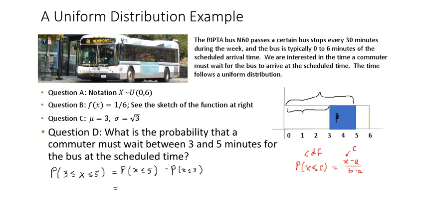So in our case, the probability is going to be 5 minus 0 over 6 minus 0. And the probability that we're less than 3 is going to be 3 minus 0 over 6 minus 0. Subtracting that gives us 2 out of 6, which reduces to 1/3. So we're saying that there's a probability of 1 out of 3, or 1 out of 3 commuters will have to wait somewhere between 3 to 5 minutes for this bus to arrive after its scheduled time.